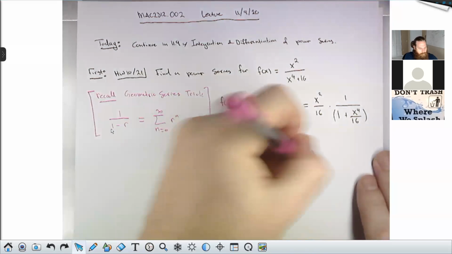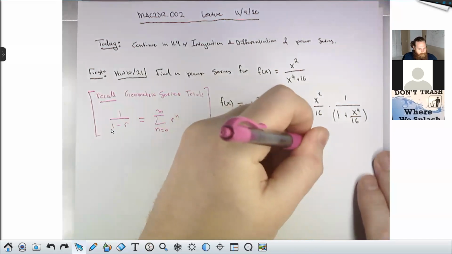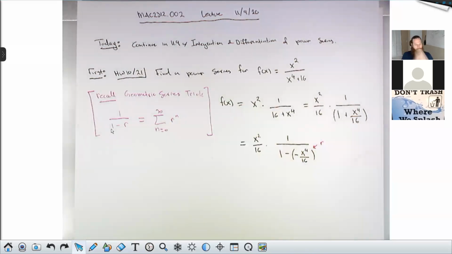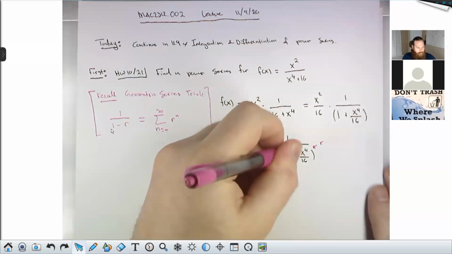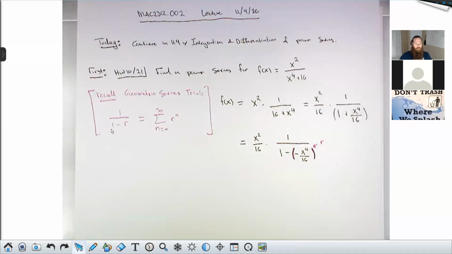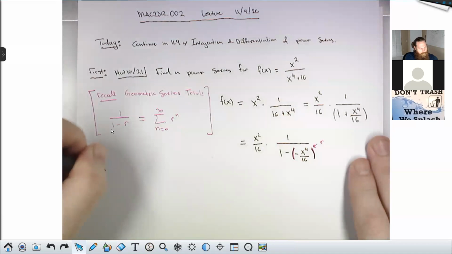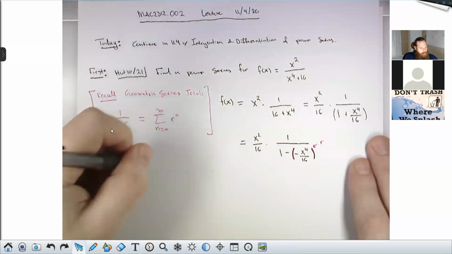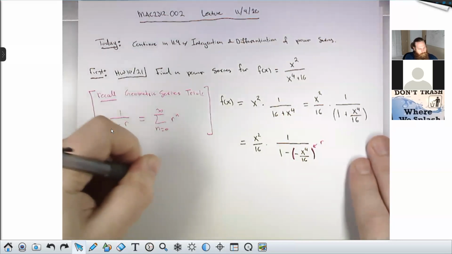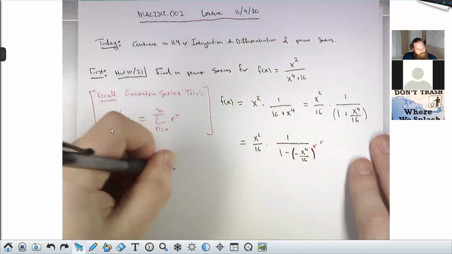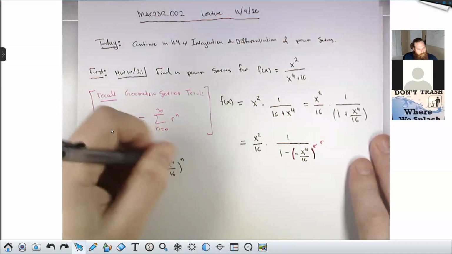Right, this right here is your r. This whole thing. So what you get then is that f of x is x squared over 16 times sigma n from 0 to infinity, negative x to the 4 over 16 to the n.